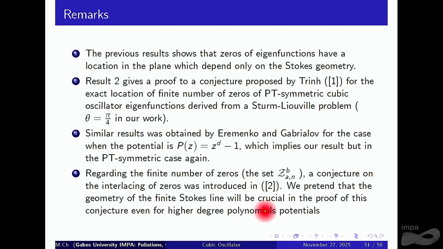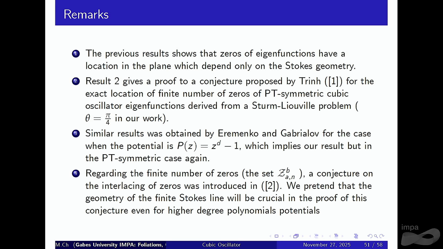If we focus on the finite number of zeros, the bounded set of zeros, a conjecture on the interlacing of zeros was introduced by Mondher in this reference, and we claim that our result will help to prove this conjecture.